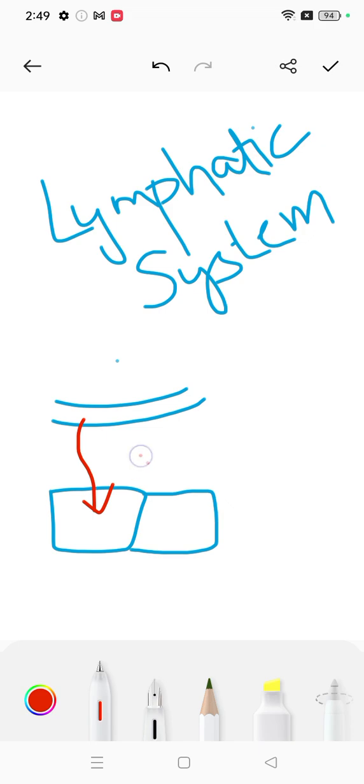That is interstitial fluid, not blood. It carries everything except red blood cells. We know blood has a lot of types: red blood cells, white blood cells, platelets. So the interstitial fluid has white blood cells and platelets, but not red blood cells.